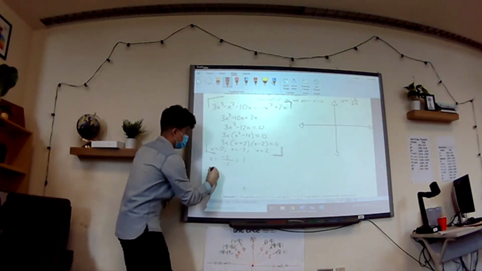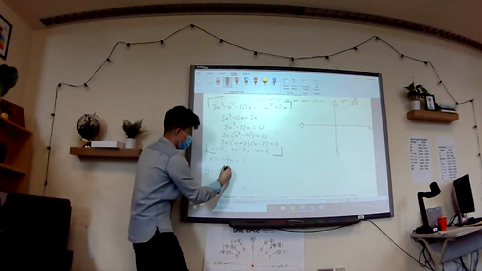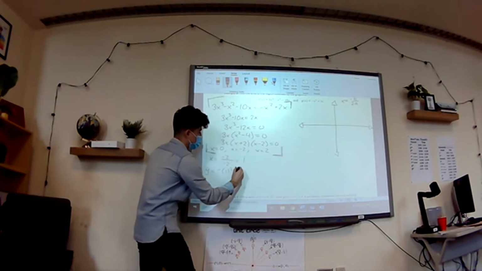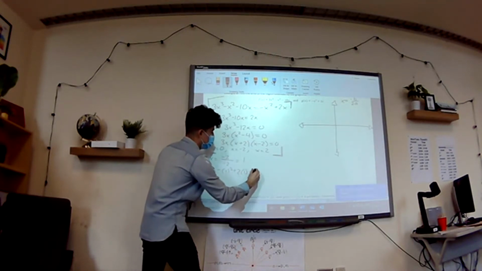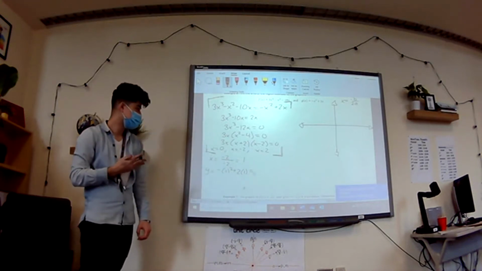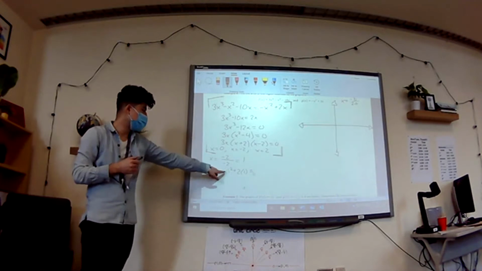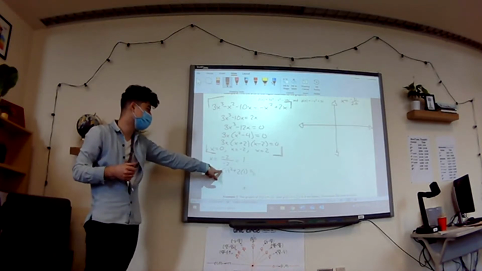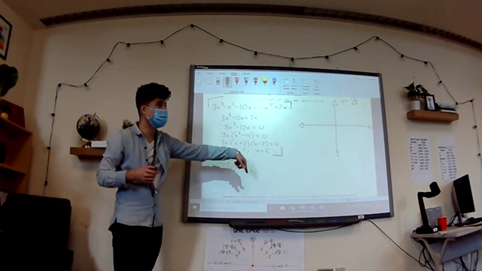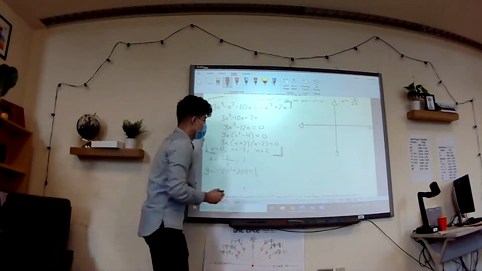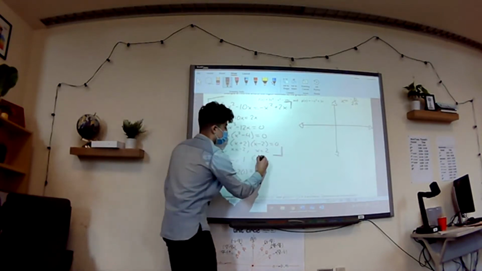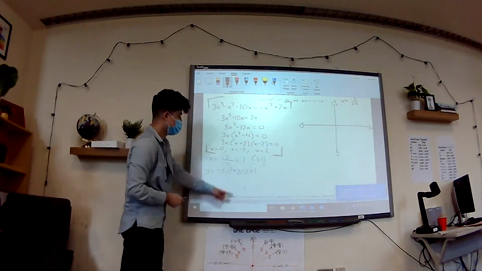So my y would be plugging in 1. That would be 1 squared is 1. Negative that is negative 1, plus 2 is positive 1. So it looks like my vertex is at (1, 1), x, y.